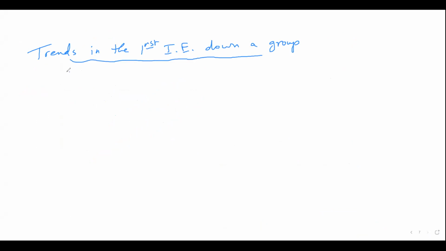Let's take group 1 as an example, and all that we say about group 1 will be said about all the other groups. If I have lithium, sodium, potassium, rubidium, and cesium, we know that lithium is in period 2, sodium in period 3, potassium in 4, rubidium in 5, and cesium in 6.